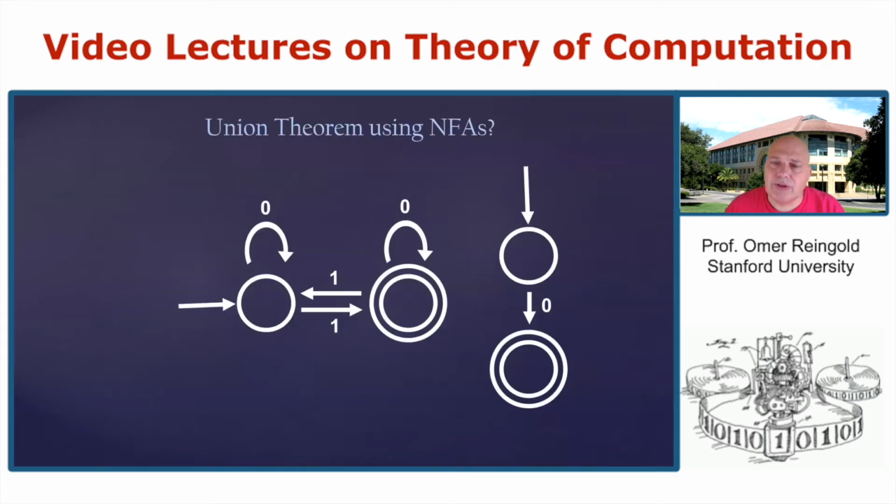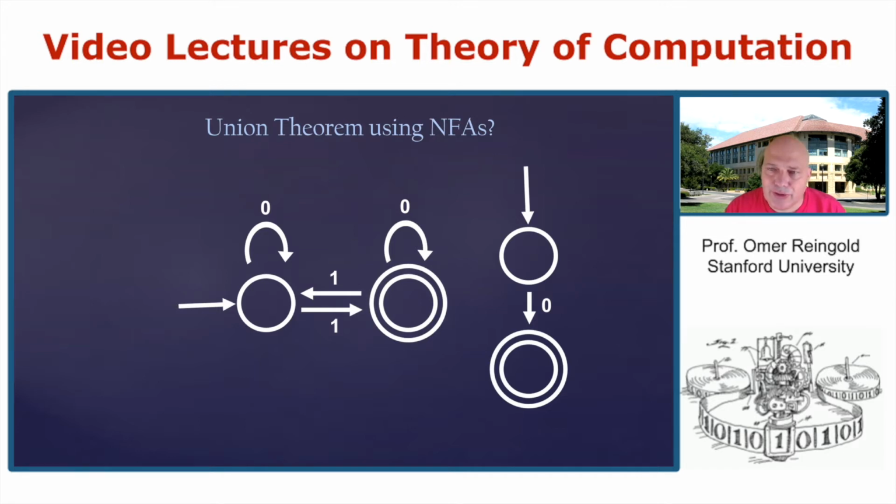So for example, let's revisit the union theorem for NFAs. You want the union of these two DFAs, and previously we combined them to a DFA that runs in parallel on both of them. How would we do it here? How can we combine them to an NFA that computes the union?